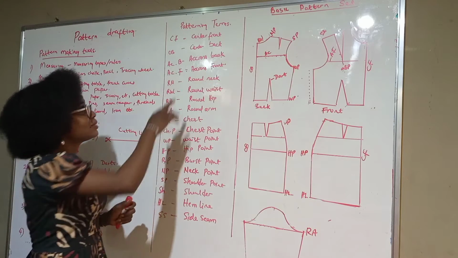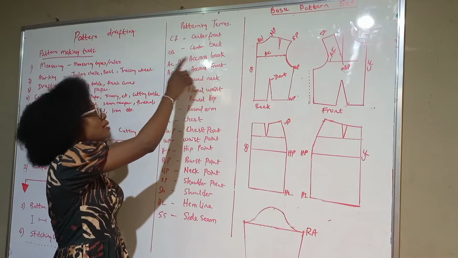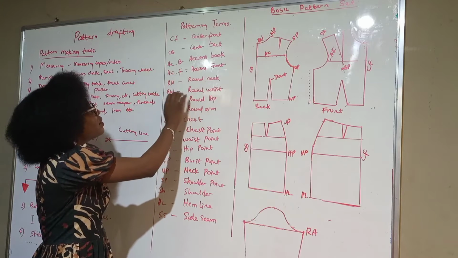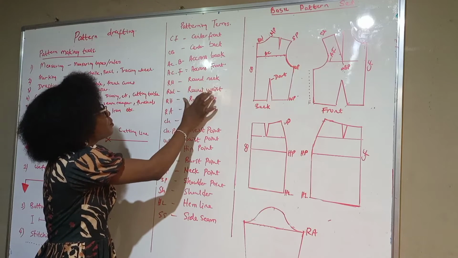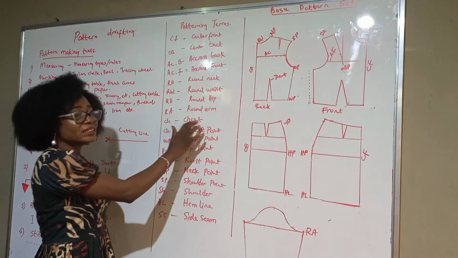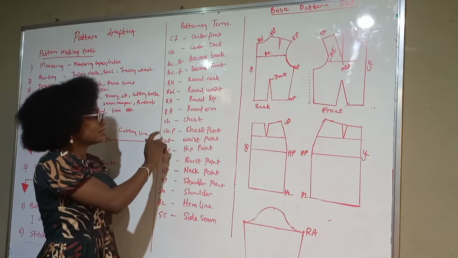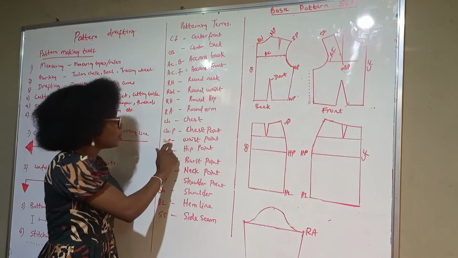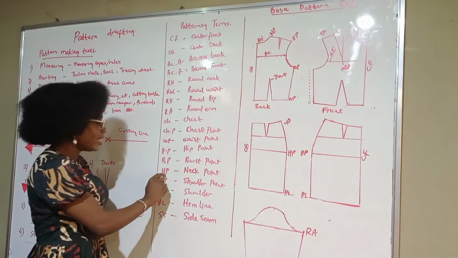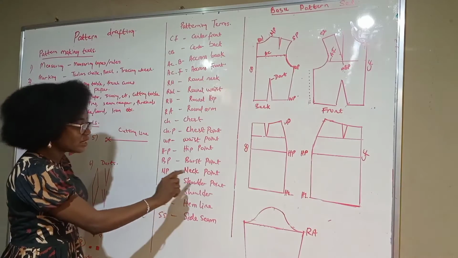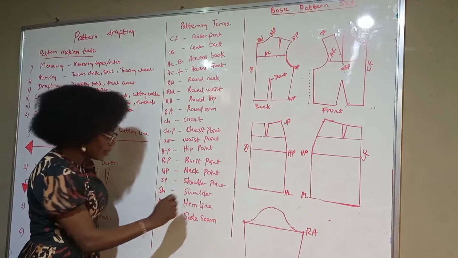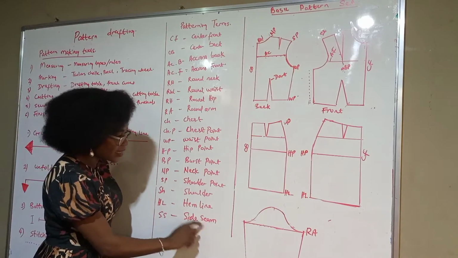Now we have the center front, CF, center back, CB, across back, AC.B, across front, AC.F, round neck, RN, round waist, RW, round hip, RH, round arm, RA, chest, CH, chest point, CH.P, waist point, WP, hip point, HP, bust point, BP, then NP, neck point, SP, shoulder point, SH, shoulder, HL, hemline, SS, side seam.